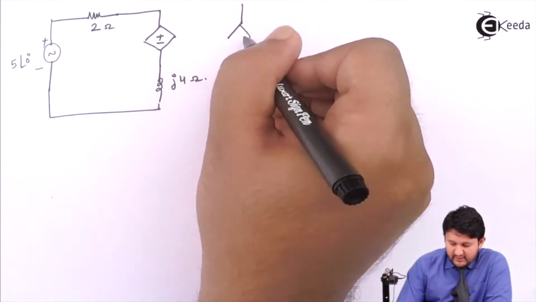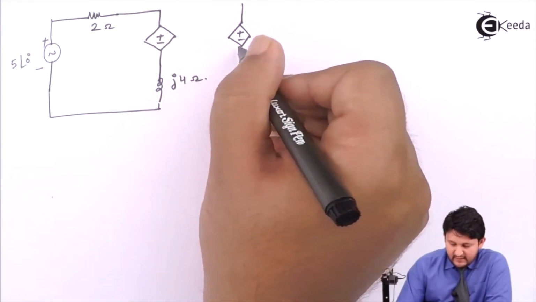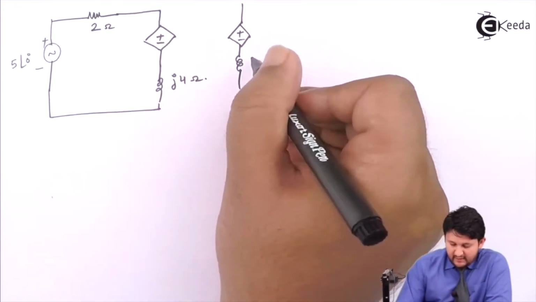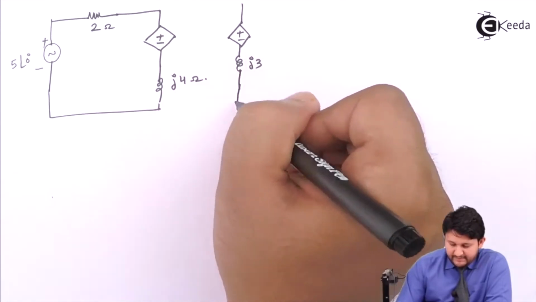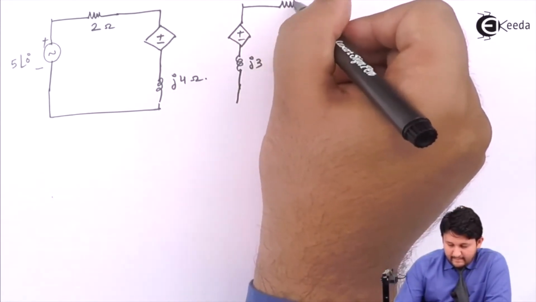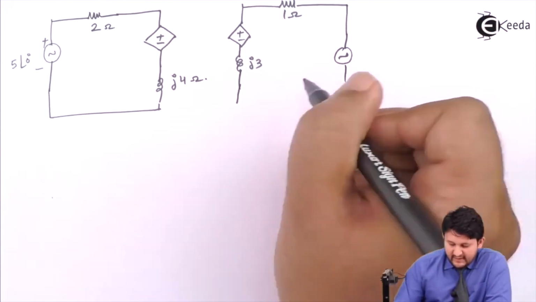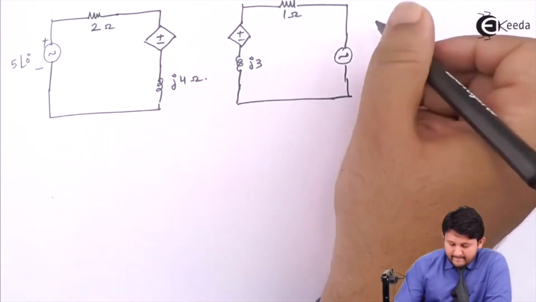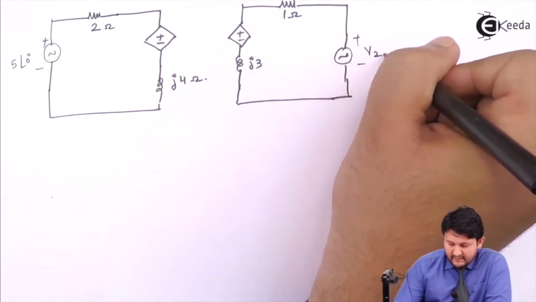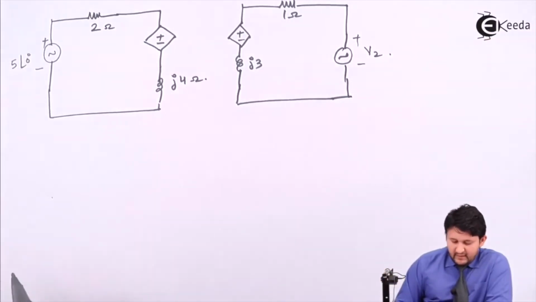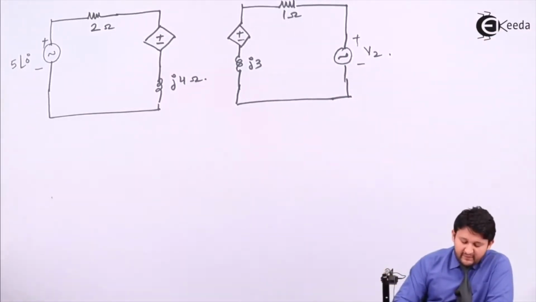Again the dot is replaced by a voltage source, plus minus, in series with the inductor of value j3, then 1 ohm. You have a sinusoidal source, plus minus V2.